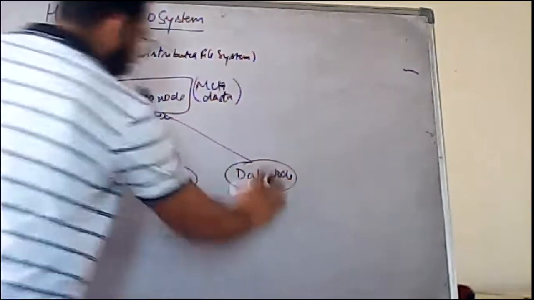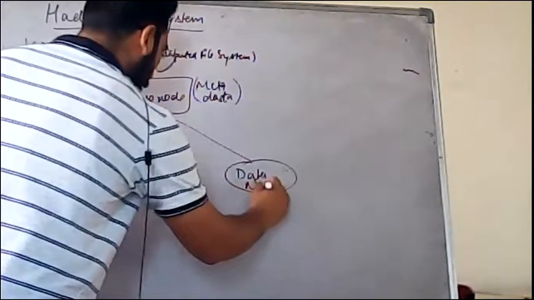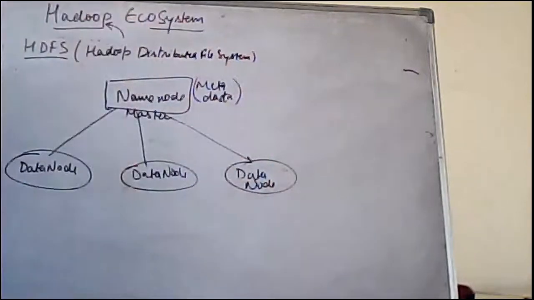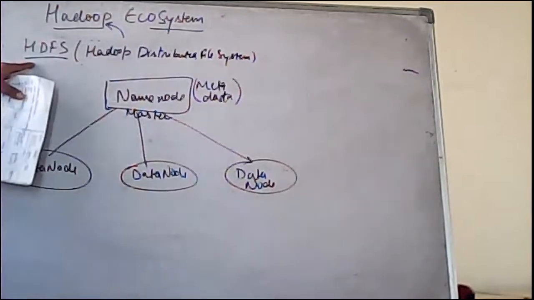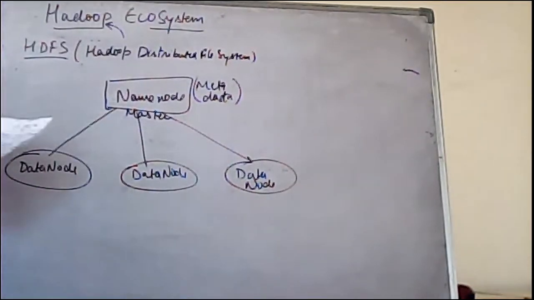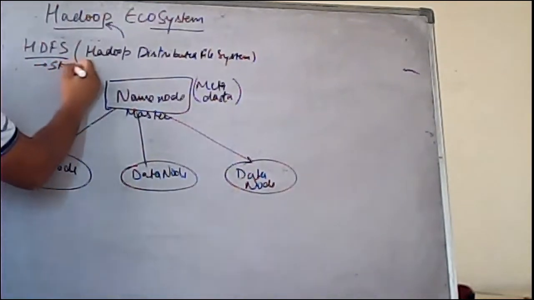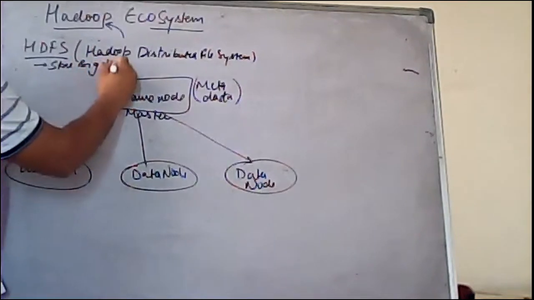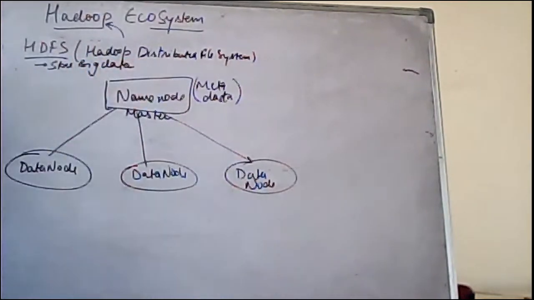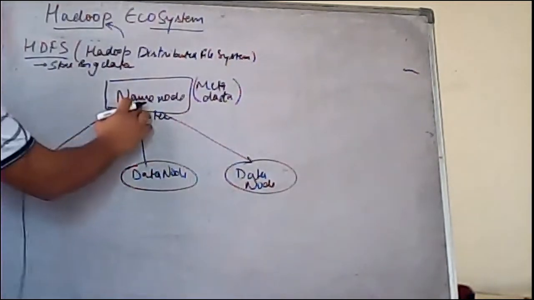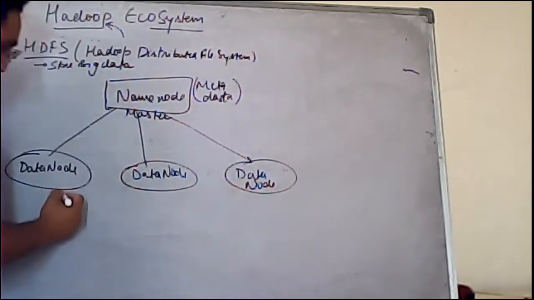I've said that HDFS is used to store your data, your big data. This is your master node, and these are your slave nodes.